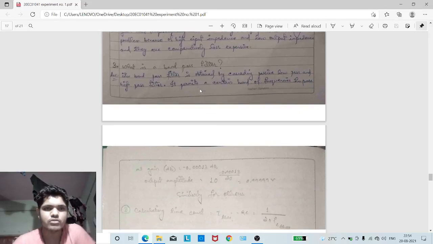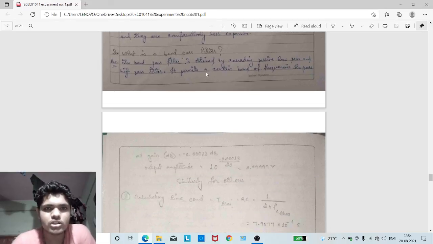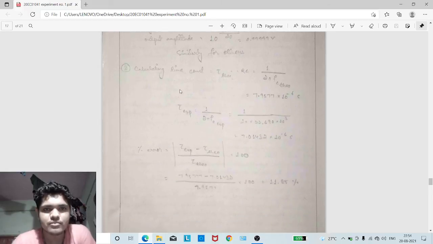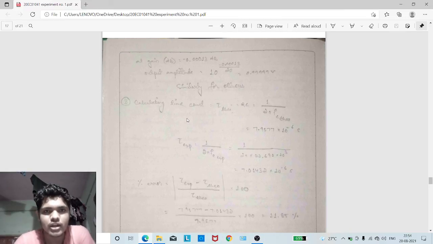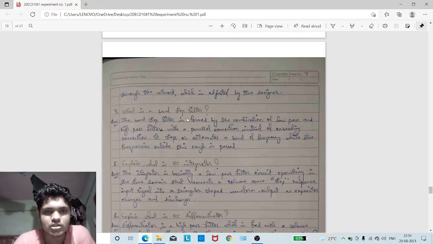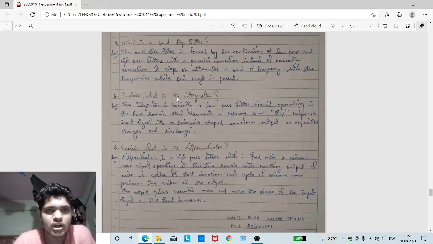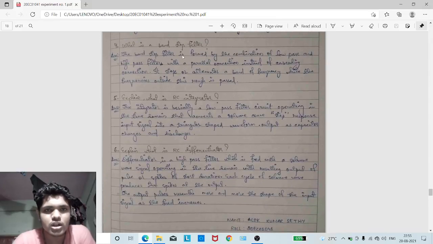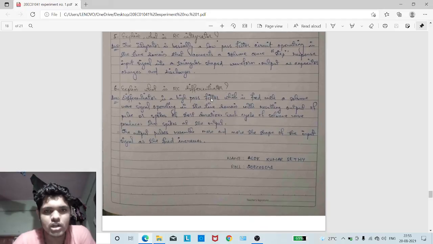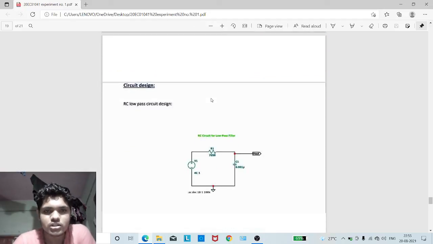We also have the question: what is a band pass filter? Yeah, this is the calculation process for the HP filters, high pass filters, of the RC circuit. And we have other short questions: what is an RC integrator and what is an RC differentiator.